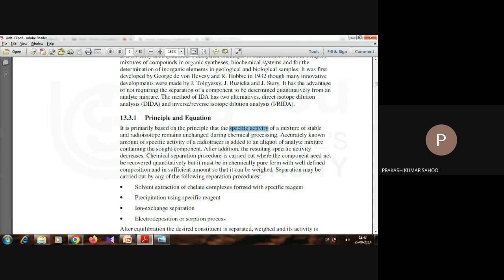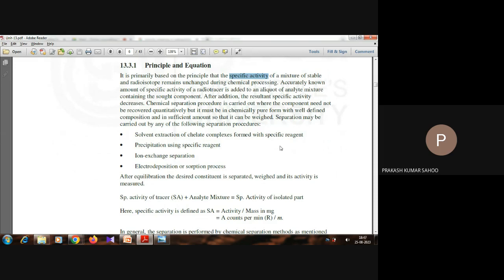This is the principle that the specific activity of that sample as well as the tracer will remain unchanged throughout the chemical processing. An accurately known amount of a radio tracer of known specific activity is added to an aliquot of analyte mixture containing the salt component. After addition, the resultant specific activity decreases. A chemical separation procedure is carried out, but the component need not be recovered quantitatively, but it must be chemically pure, of well-defined composition, and in sufficient amount so that it can be weighed.